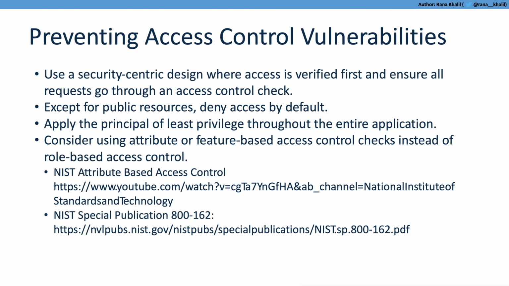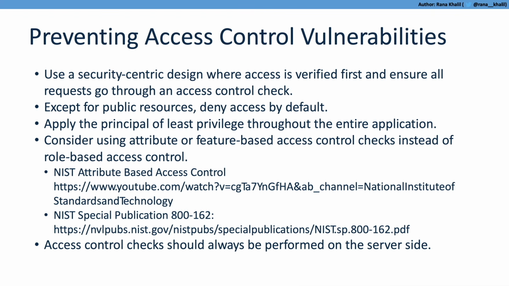So this type of access control may be more useful to you if you, for example, have multi-tenant applications that allow specialized groups of users to have specialized features of the application. This way, access control might need to be much more granular and therefore would be very complex to implement using role-based access control versus attribute-based access control. And so if your application requires that type of access control, you should definitely consider using attribute or feature-based access control.